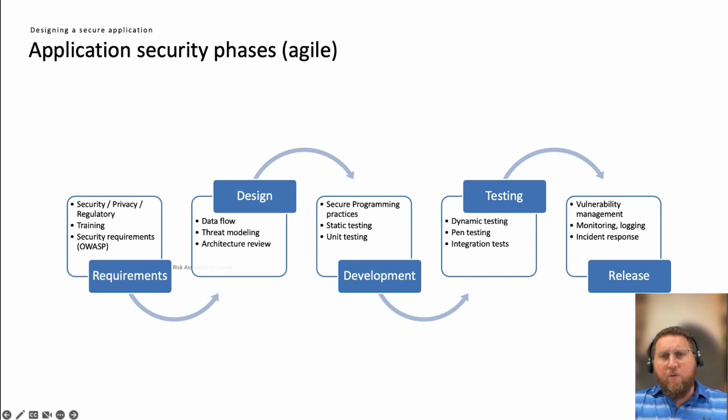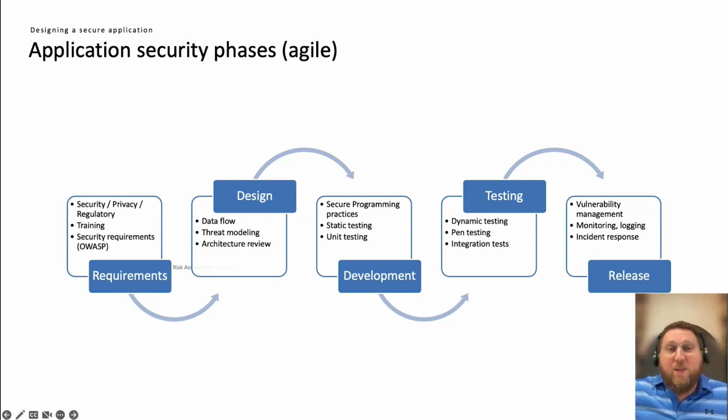On application security for agile, you would usually have several phases, such as requirements, design, development, testing, release, and it just keeps going between release and development and the like. We'll cover a bit more on these phases in a few more slides. First of all, from the requirements gathering: what does it do?